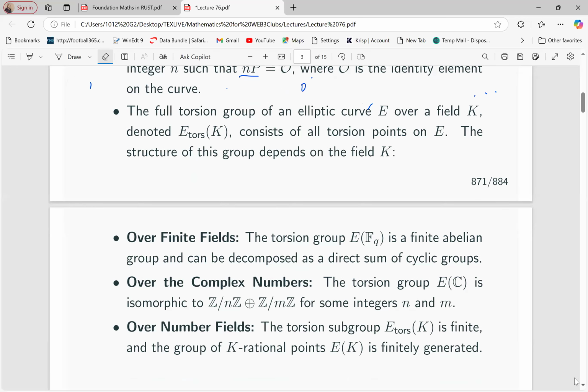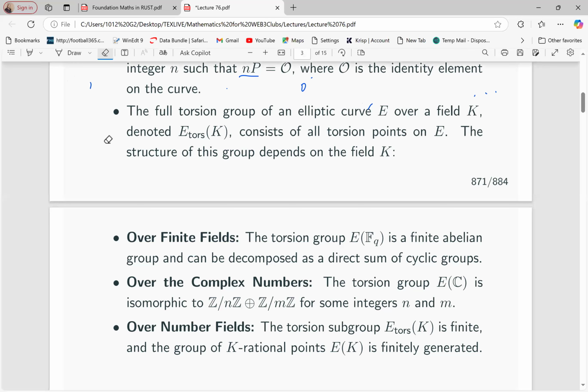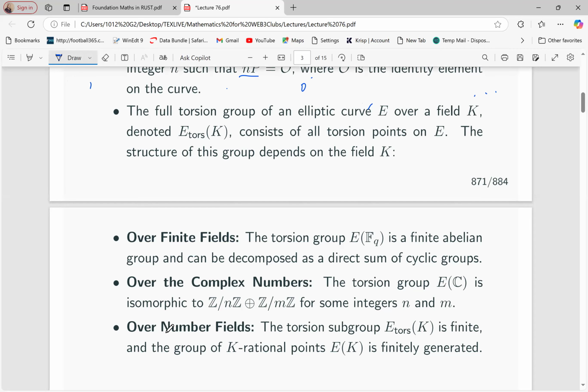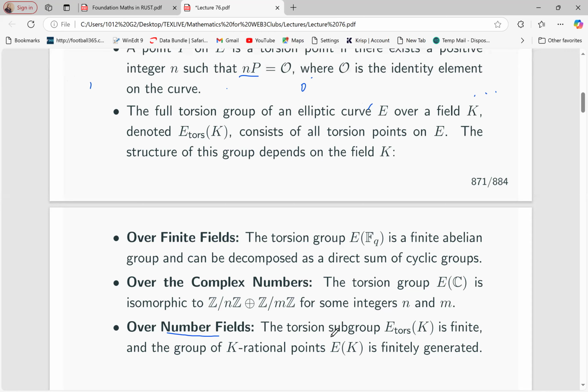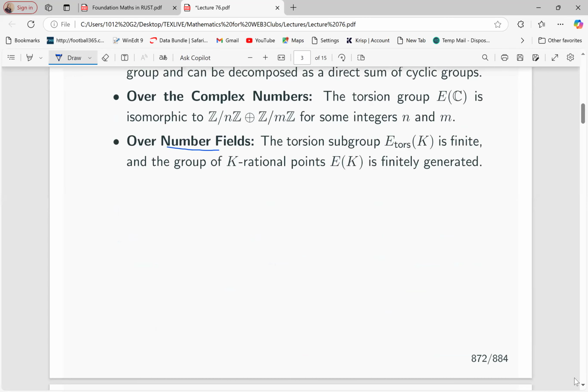Of course, you can have the complex field, you can have integers, and that is what I call number fields. You can find the torsion group over complex numbers. You can find it over integers. Most of our interest is in the finite fields. So that is how we proceed there.